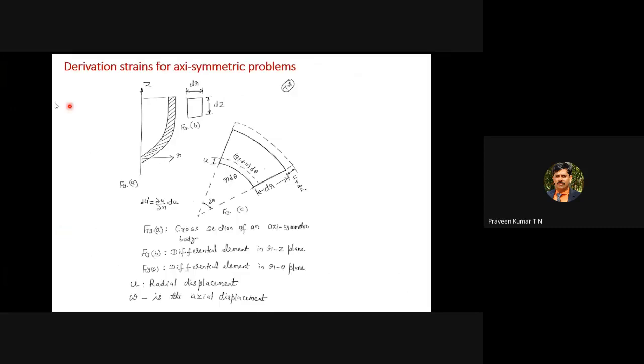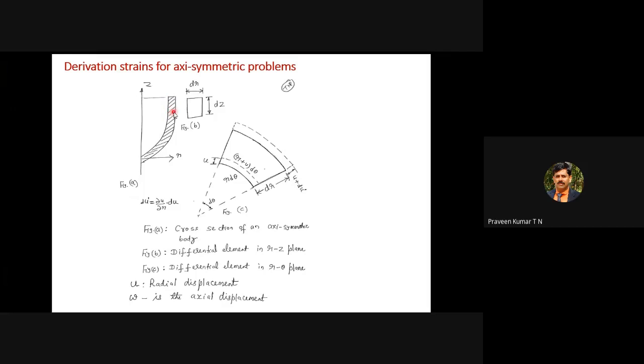For our derivation purpose, imagine you have a conical object. Imagine it is a power plant cooling tower, a conical shape. This is only the cross-sectional view.